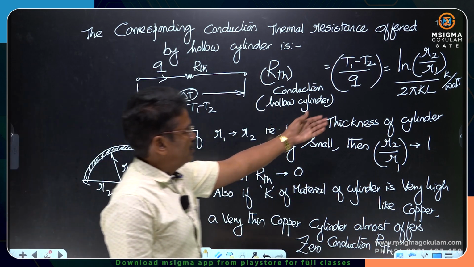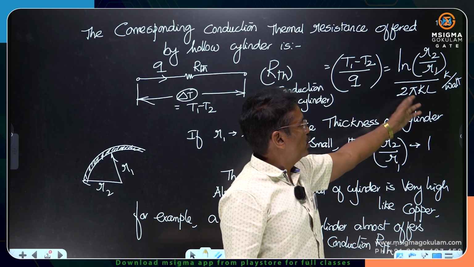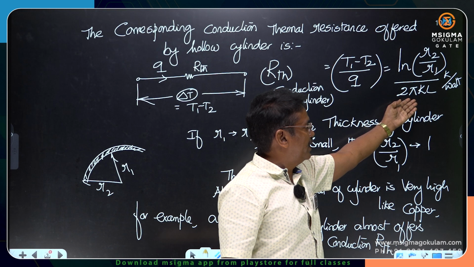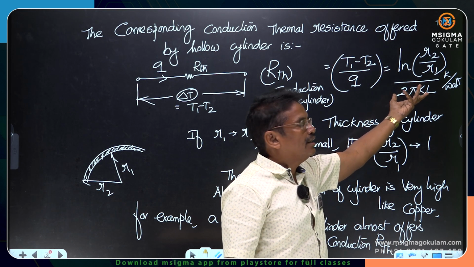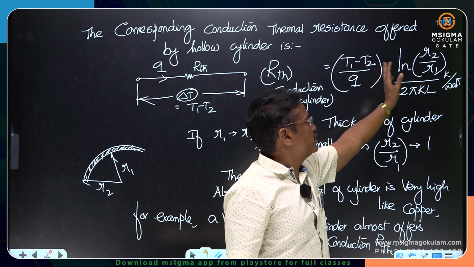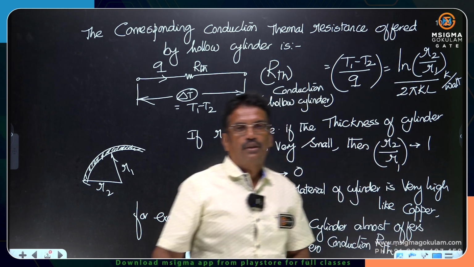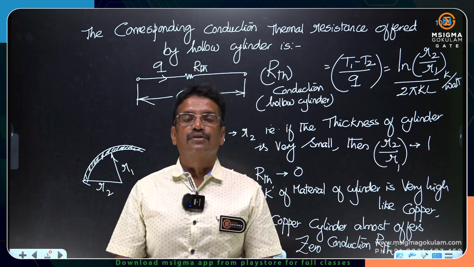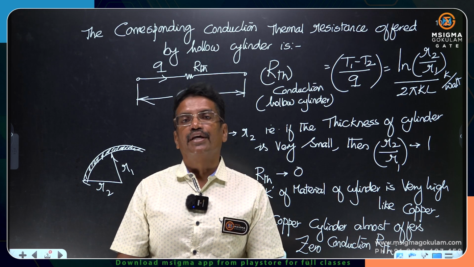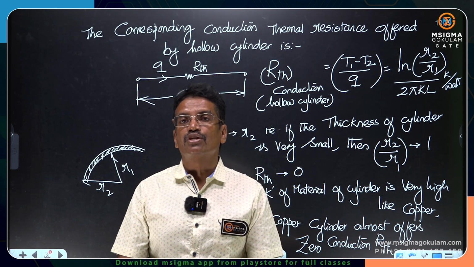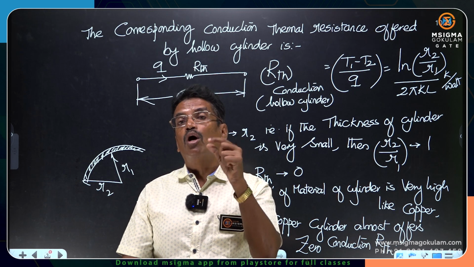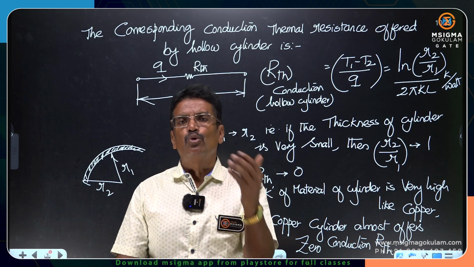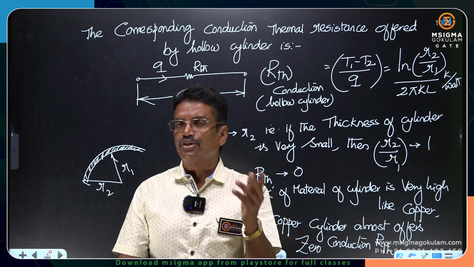Because this numerator is tending to 0 if the K is very high and the thickness is very small, obviously this ratio will be tending to 0. And in fact, in heat exchanger analysis, we always neglect the conduction thermal resistance offered by the separating wall, because all heat exchanger pipes are usually made with very good conducting materials like copper or its alloys.